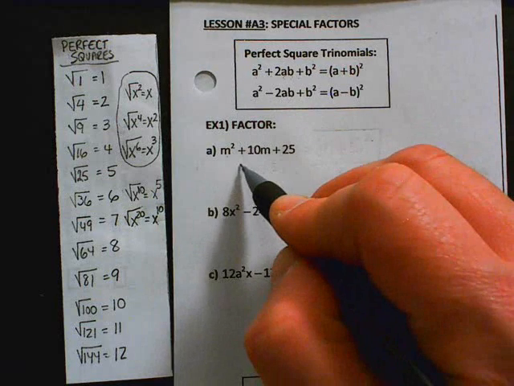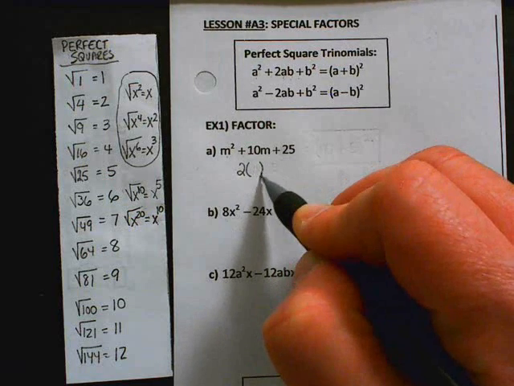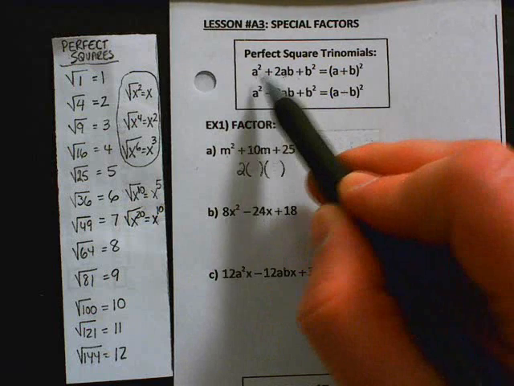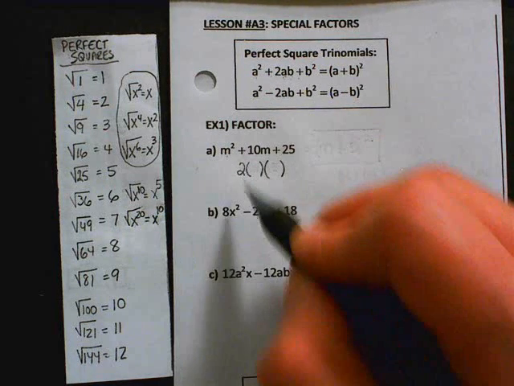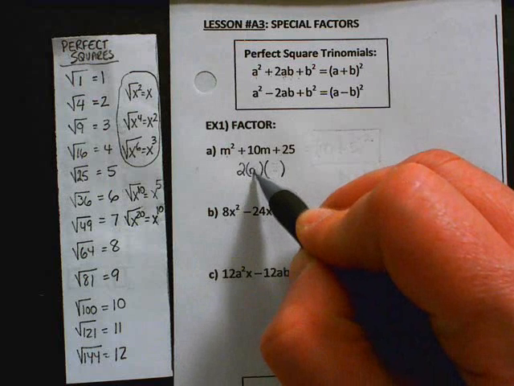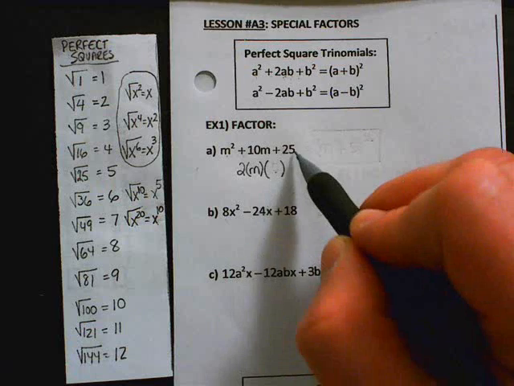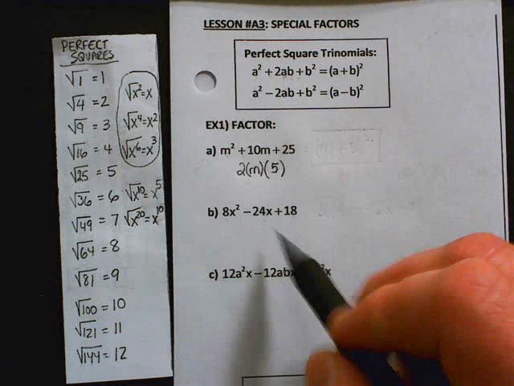So in order to check, let's just write 2, open 2 sets of parentheses, and a is like the first term but the square root of it. So what's the square root of m squared? It would be m. And then this one would be the square root of the last term, which in this case would be 5.